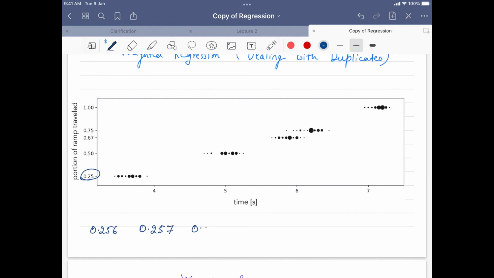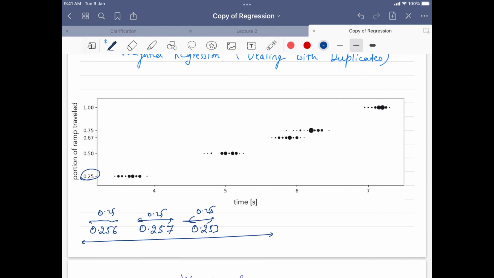Another value it gets is 0.253. And something like that, so it will get multiple such values. Normally they sometimes try to truncate it. If I truncate it to two places, then this value will be 0.25, this value will be 0.25, and this value also will be 0.25.